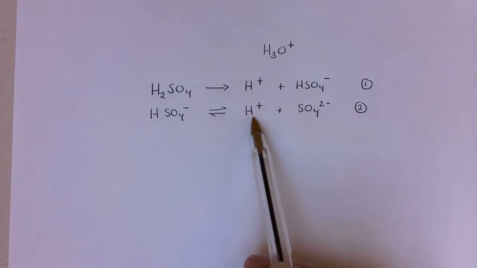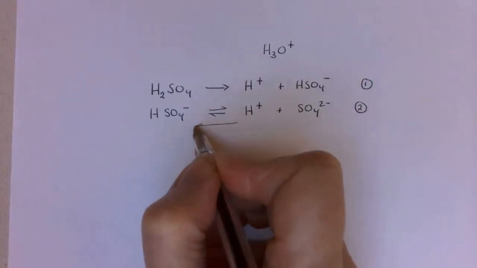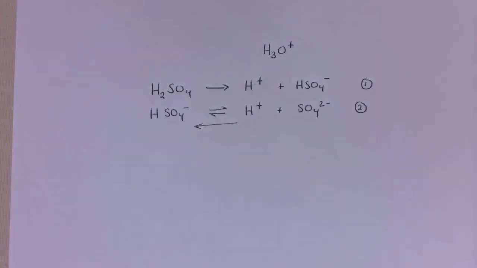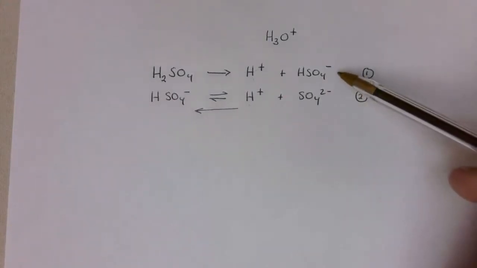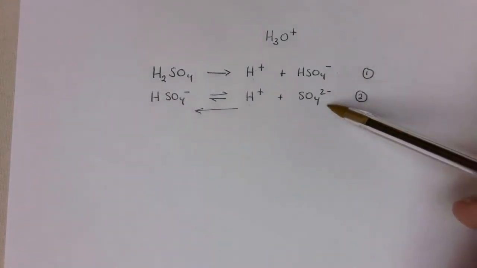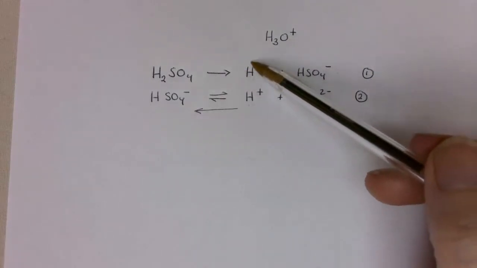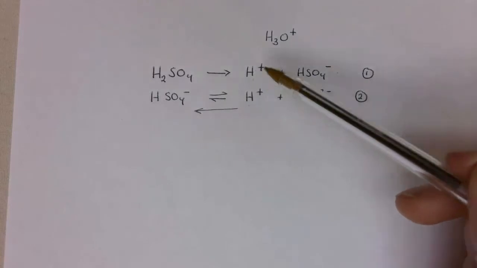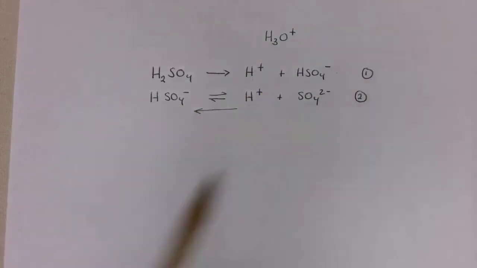This will suppress this second term. So this term will lie over more to that side. So the reason the pH we calculated was inaccurate, we say it's because this first reaction suppresses the second reaction. So by having such a high concentration of hydrogen ions from the first reaction, this pushes this reaction slightly backwards.